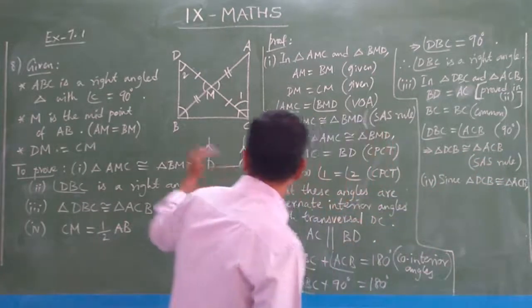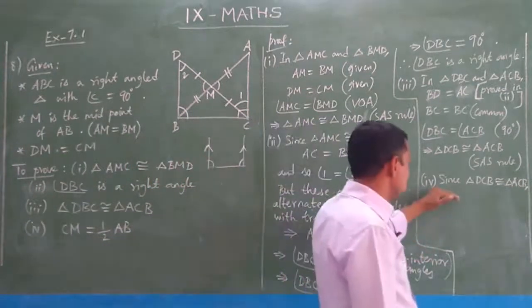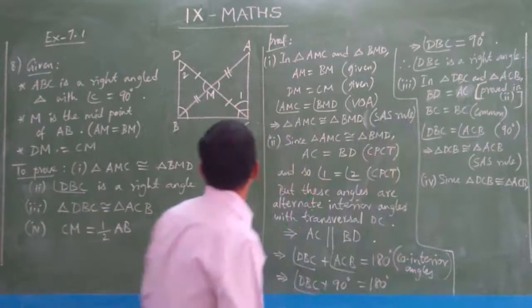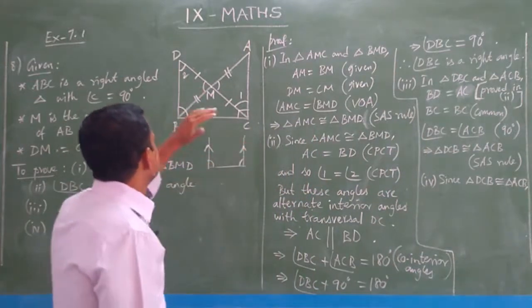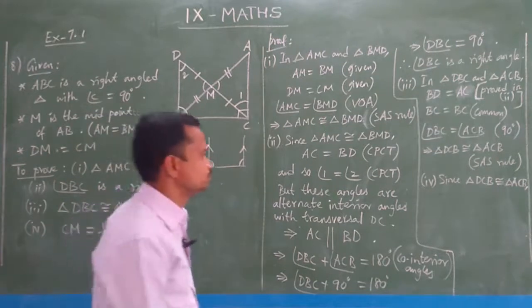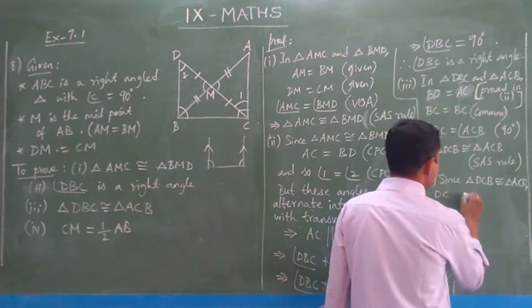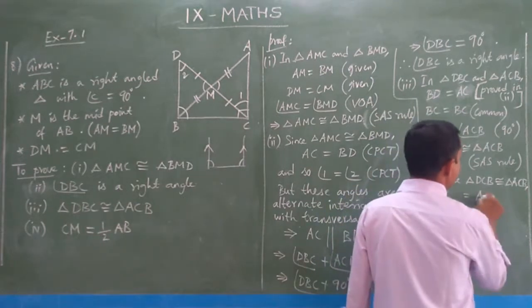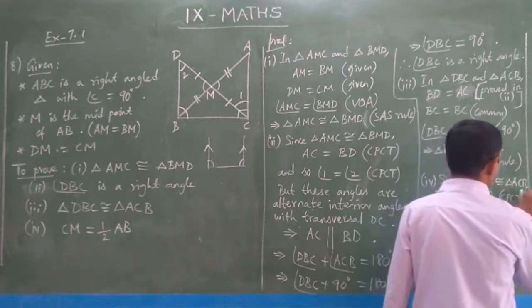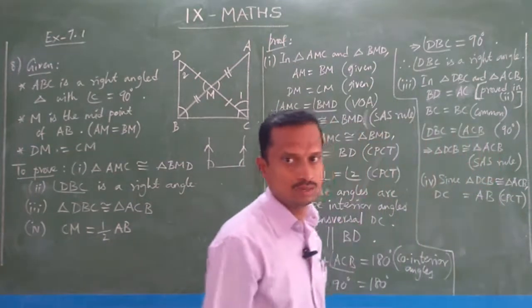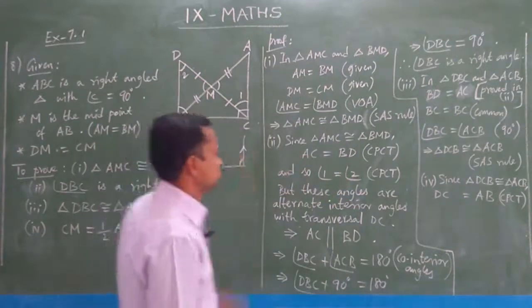So one by one we are using the previous proofs. Since these two triangles are congruent, DC is equal to AB. The reason is CPCT.